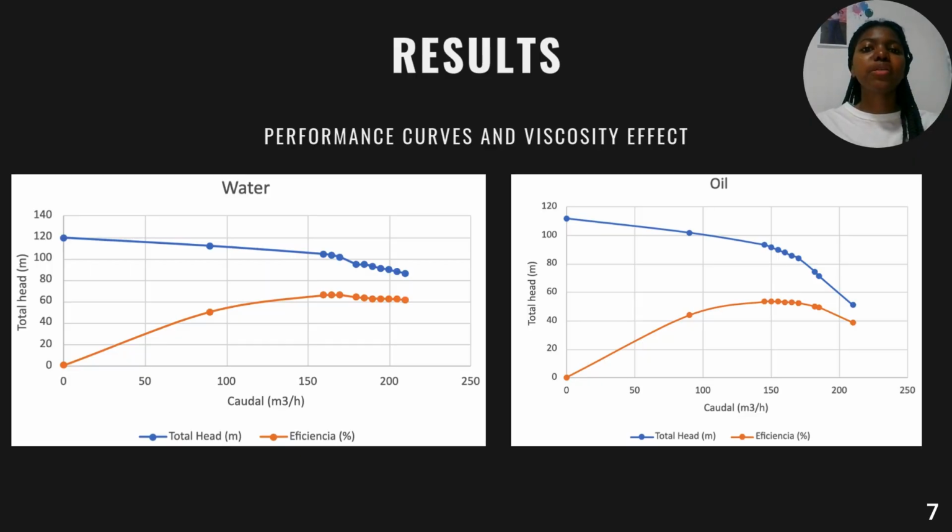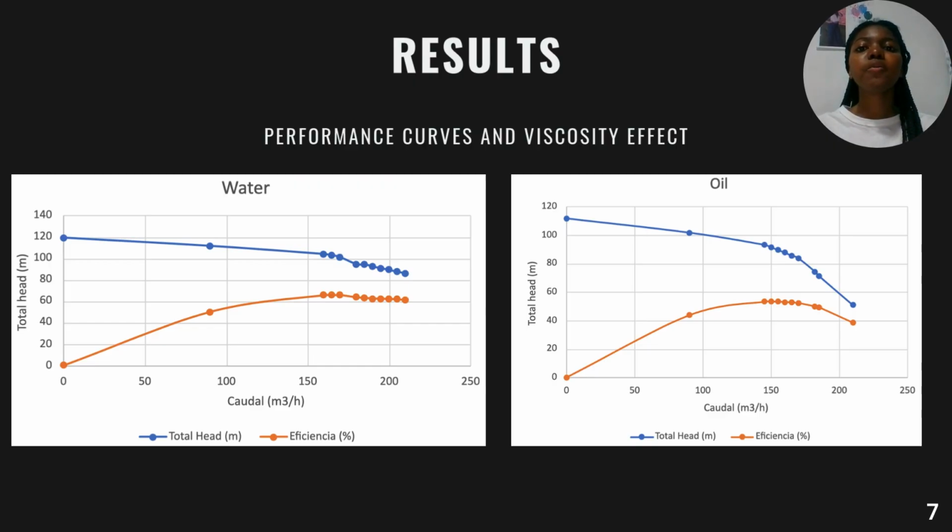The curve for water exhibits the characteristic shape of a centrifugal pump, with a maximum head of 138 meters at cutoff, gradually decreasing to 109 meters at a maximum flow rate of 210 cubic meters per hour.